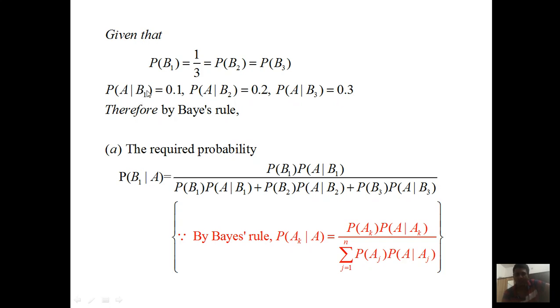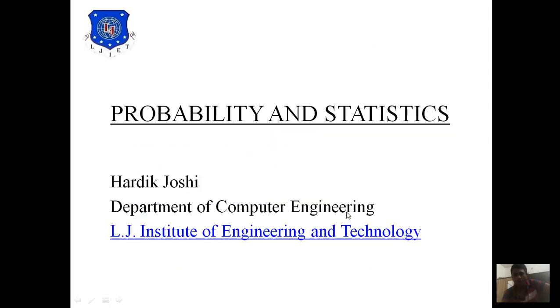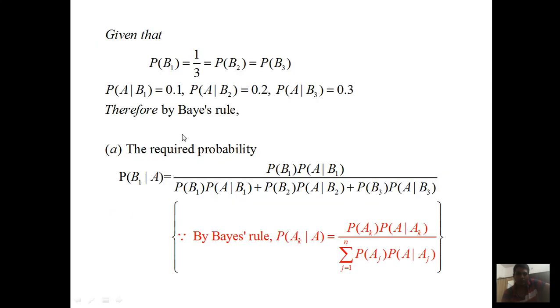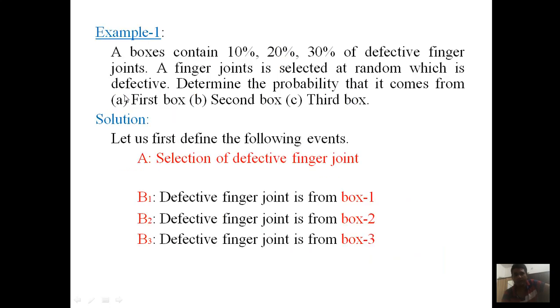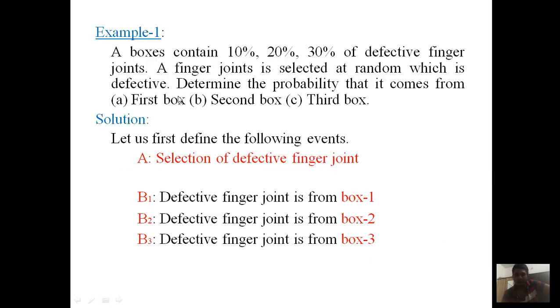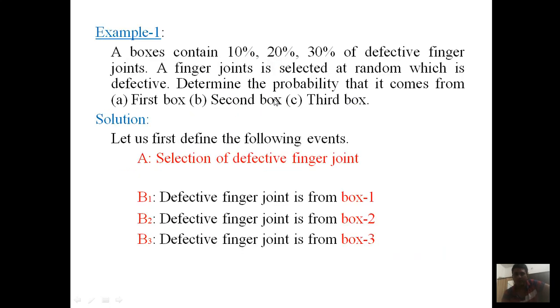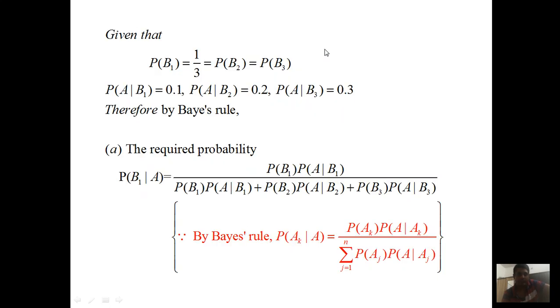The event B1 represents that the defective finger joint is coming from box 1. That is, box 1 is already selected and we have to find the probability of happening of a defective finger joint. But this is already given in the question as 10%, so we write it in fraction form, 0.1. Similarly, probability of A given B2 is 20%, so 0.2. The third one is 30%, so probability of A given B3 is 0.3.